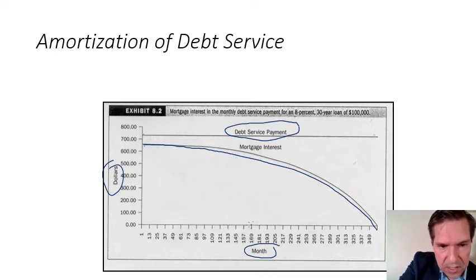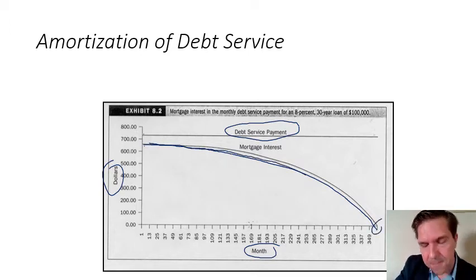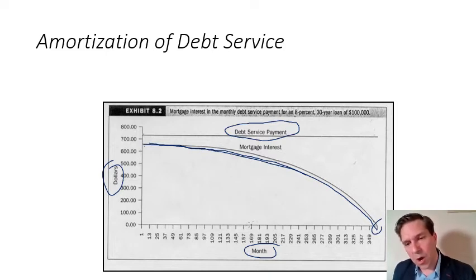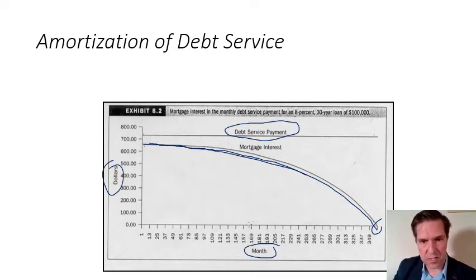Over time, we start chipping away at that principal, and our interest starts dropping. Then on the last payment right here, because we barely owe any money, we barely pay anything in interest, and all we do is return principal. So you can see that line in the end hits 0. It's this trade-off that we're trying to understand, to make sure that we know how much we're paying in each of these two things, interest and principal.